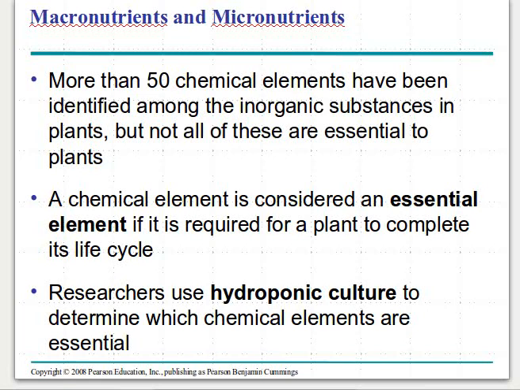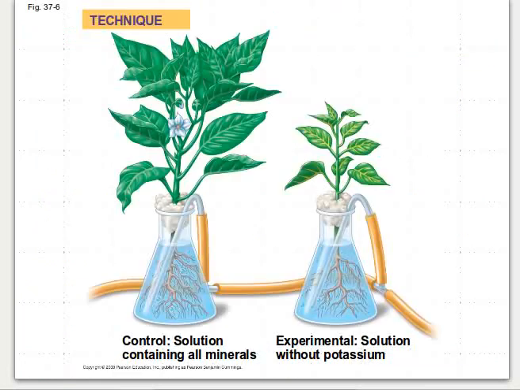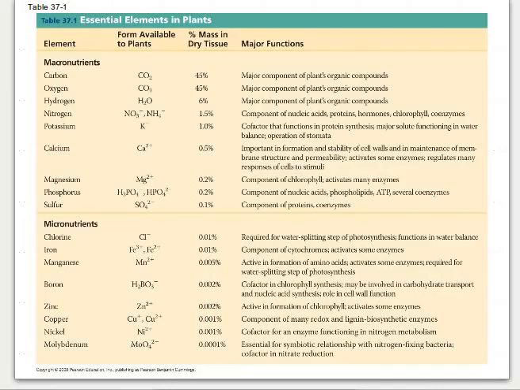Macronutrients are, of course, nutrients that plants need a lot of, and micronutrients are nutrients that plants need a little of. If you use hydroponics and you take away certain nutrients, or what we suppose are nutrients or elements, you can figure out which elements plants actually need and which elements are just along for the ride.